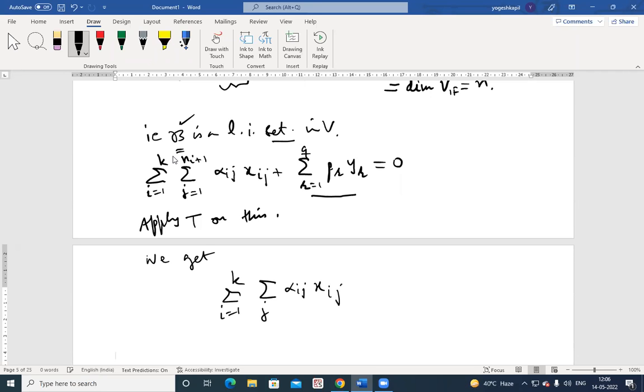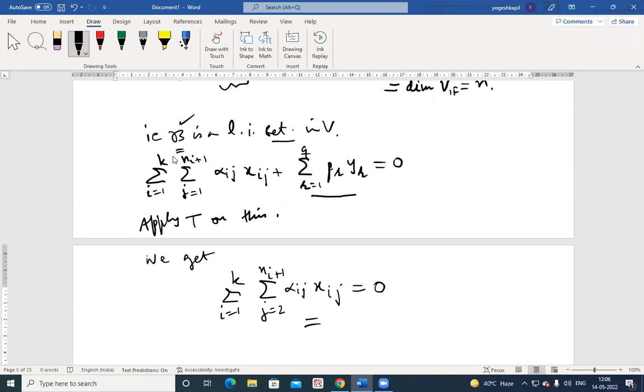What should I take here? When this j is 1, you see xi1 is in the kernel of T. So that would go when you apply T, that would be 0. So this is 0. Only this is left when you apply T on this. Is it all right?